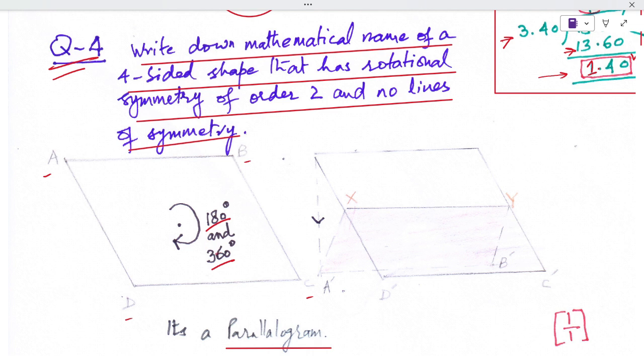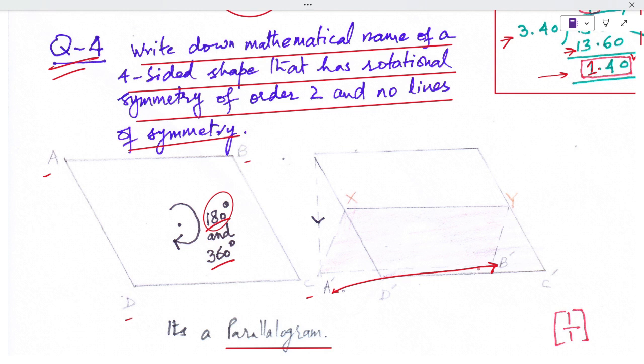It means that when parallelogram ABCD is rotated by 180 degrees, AB will be at the place of CD and CD will be at the place of AB, and it will completely overlap its original position of ABCD. That means this is one symmetrical position in rotation for a parallelogram.